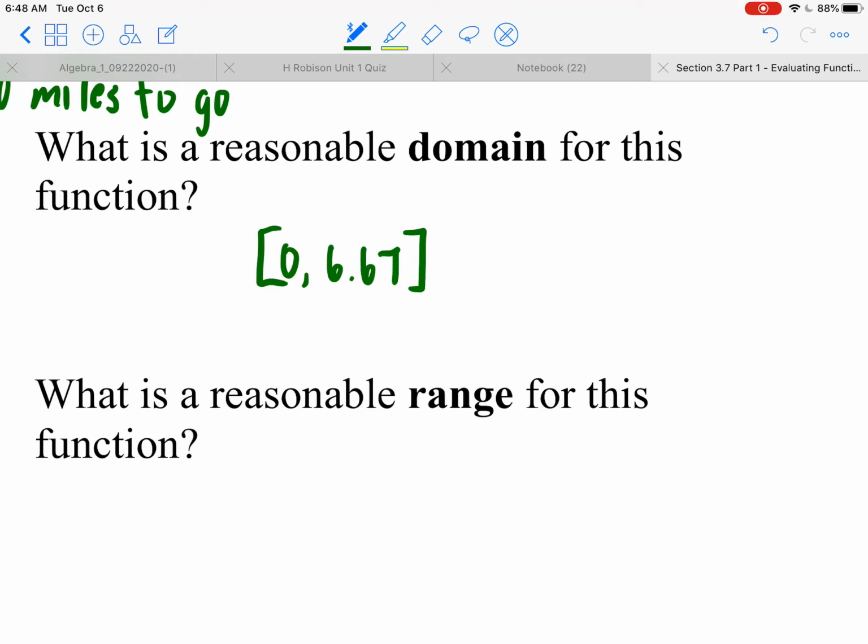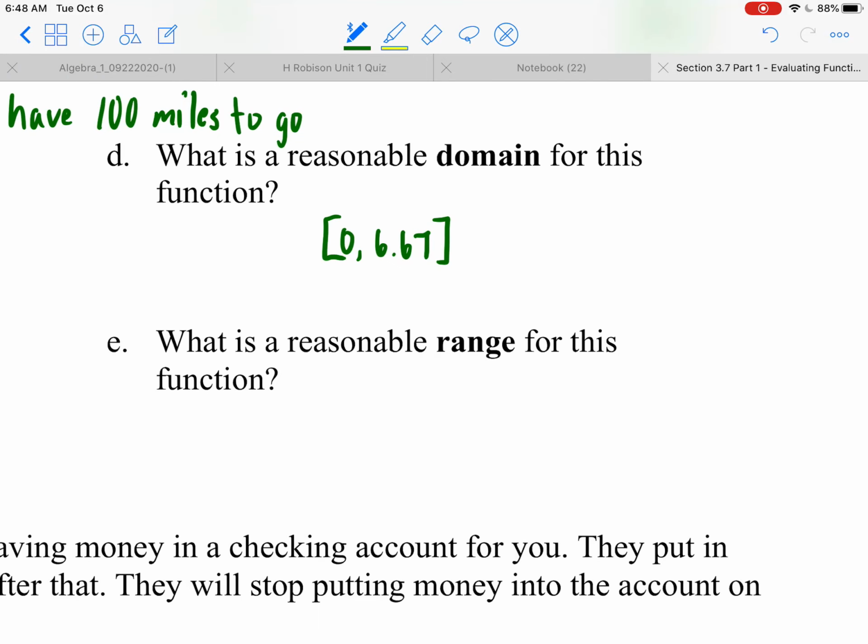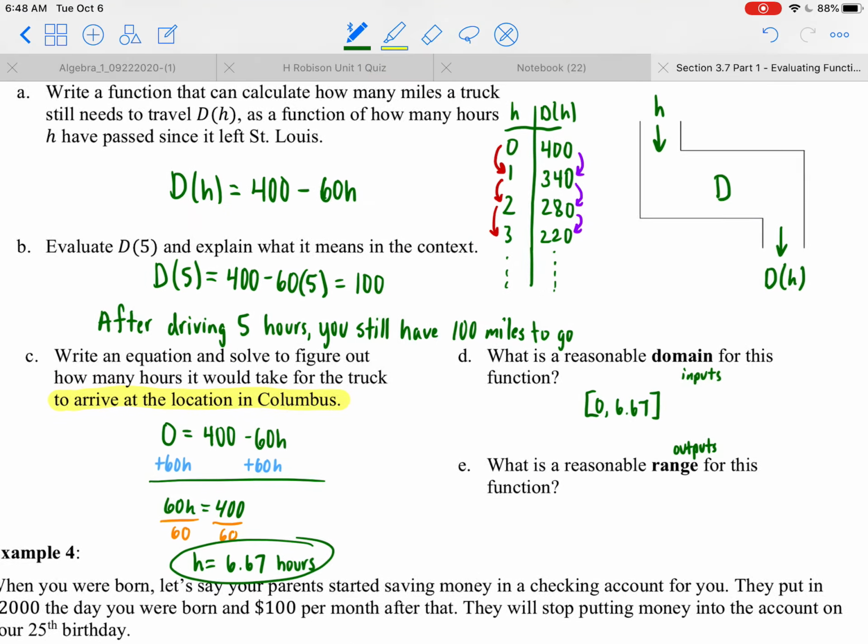And then what would be a reasonable range for this function? So remember, the domain is the inputs and the range is the outputs. It's a collection of all the, not inputs, outputs. So the question comes up then, what would be a reasonable range for this scenario? So what were the outputs again? So if we go look at our function, what's the output?